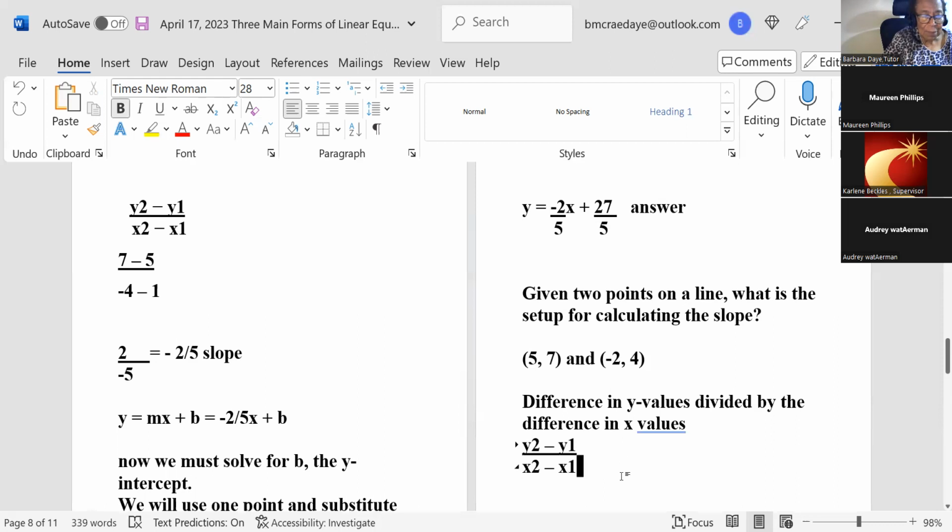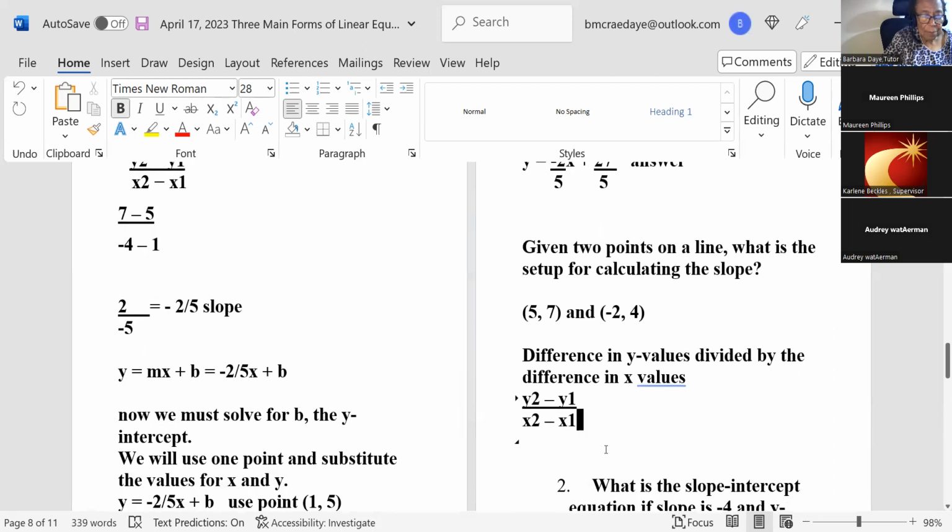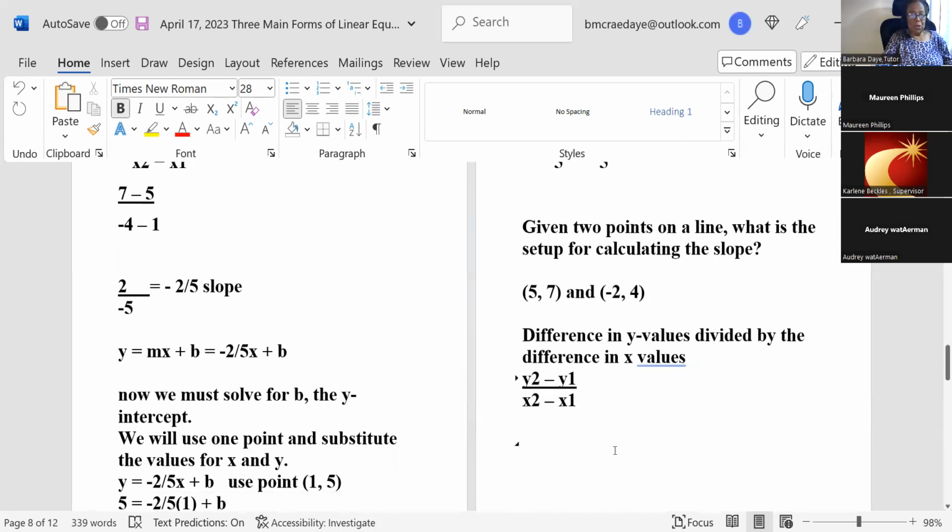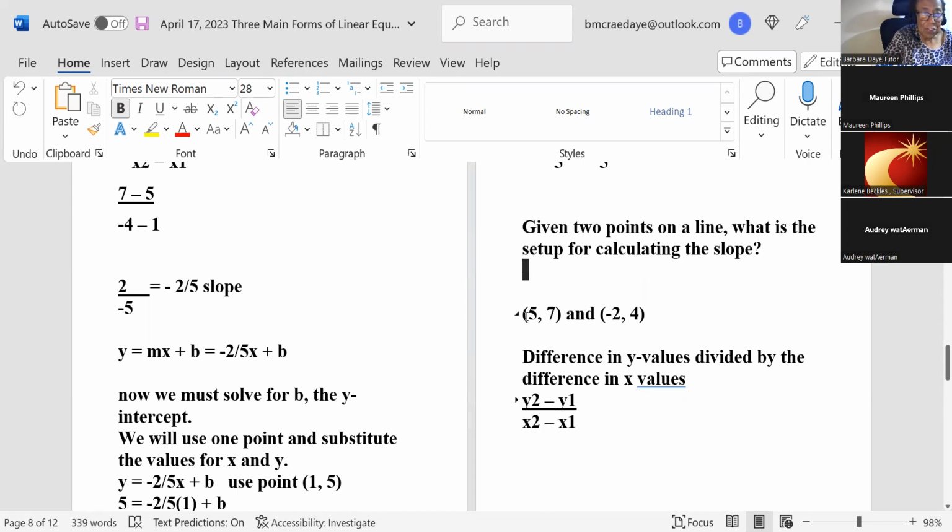Audrey, you want to tell me? Nice. Audrey, what are you calling your y2 and your y1? Oh, I see. Audrey? Now, what I'm suggesting is that you just put, let me put this here. Now, this is x and y. This is x and y.